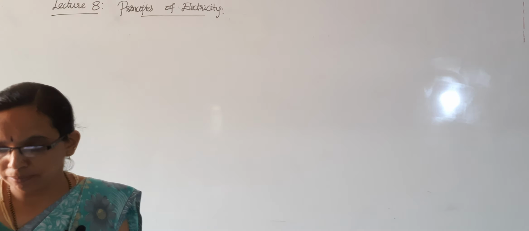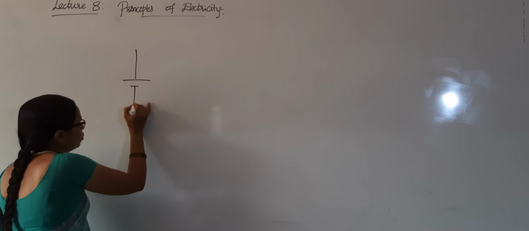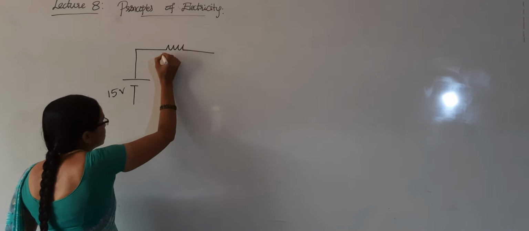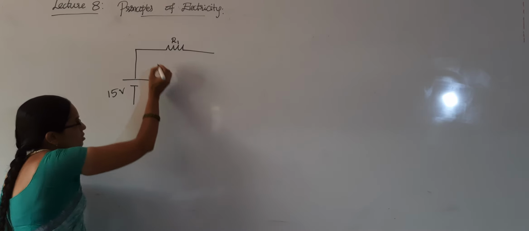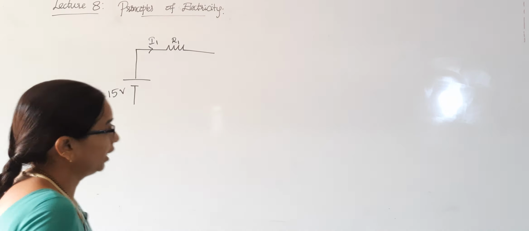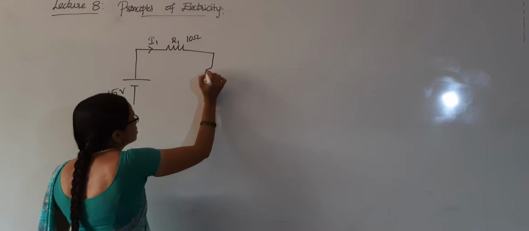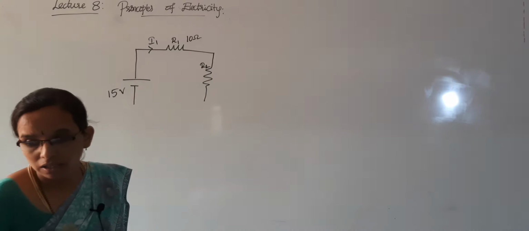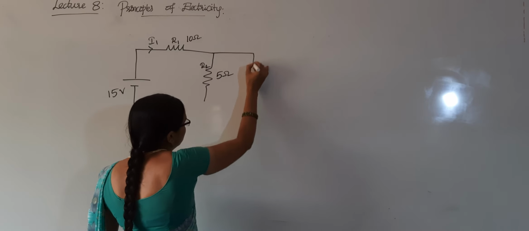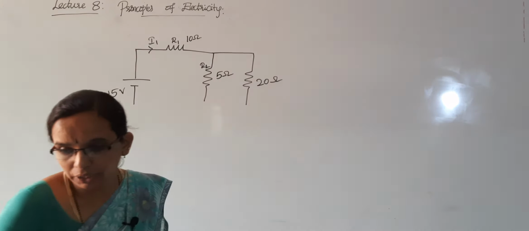The example problem: there is a supply voltage of 15 volt given, and the resistance R1, I will call this as I1, of 10 ohm, and the resistance R2 which is of 5 ohm, and the resistance R3 which is of 20 ohm.